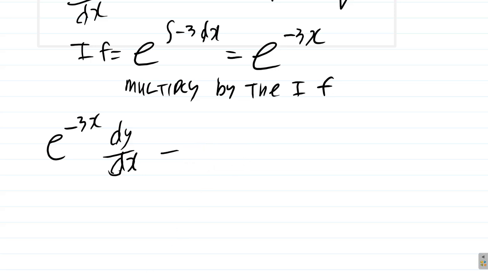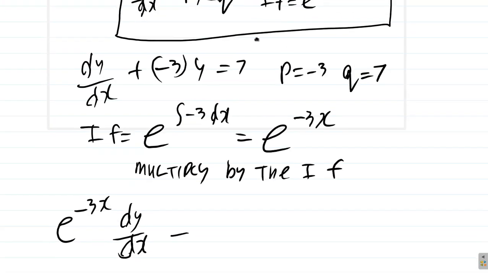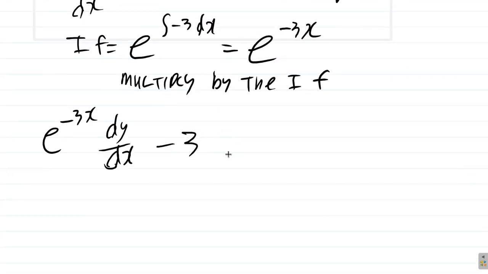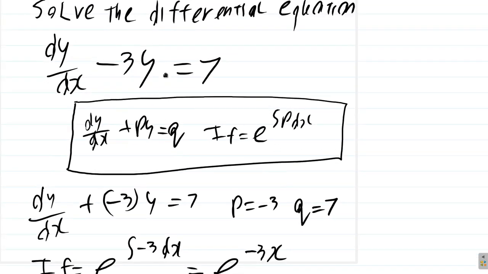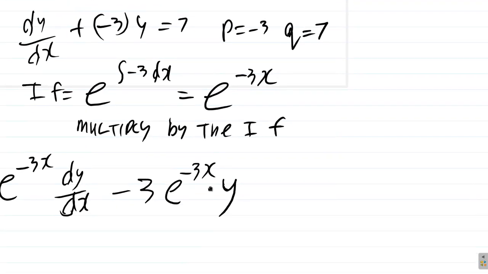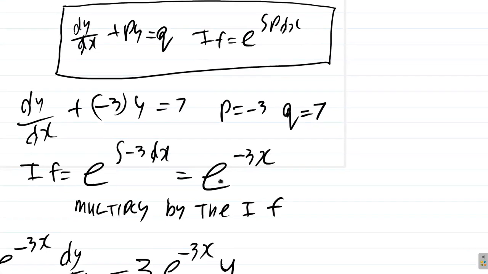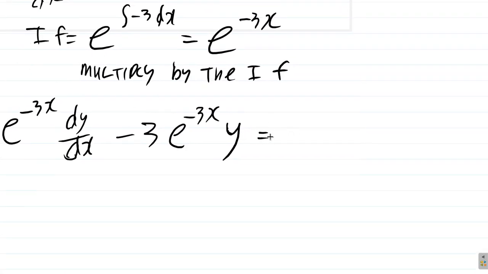Let's put the negative 3 first then. Negative 3, and then e to the negative 3x times y. Alright, let me write it this way. It's negative 3y, but I'll put the e to negative 3x between them. Alright? Equals 7 times e to negative 3x. Okay.